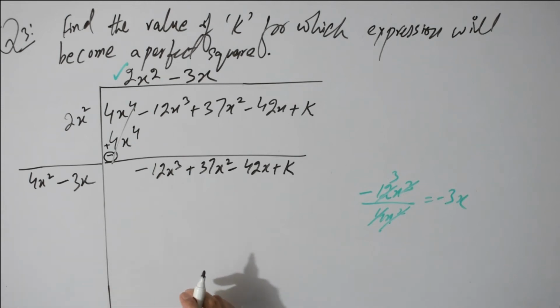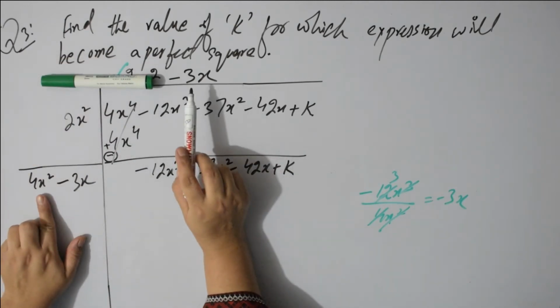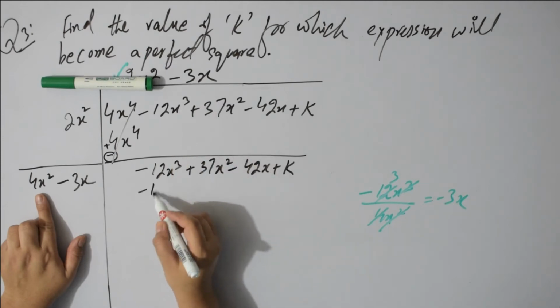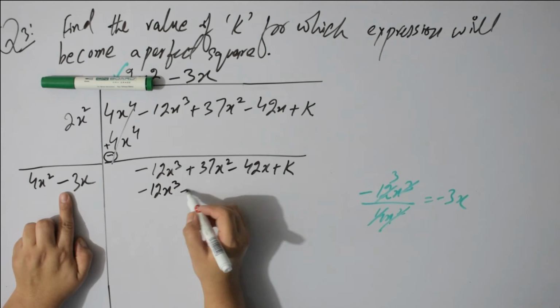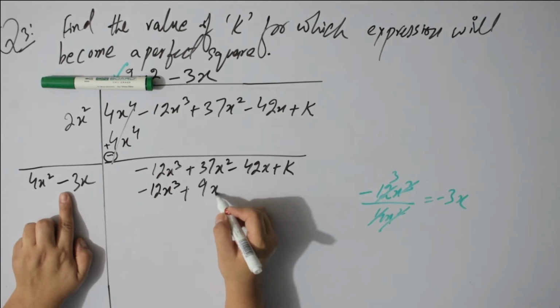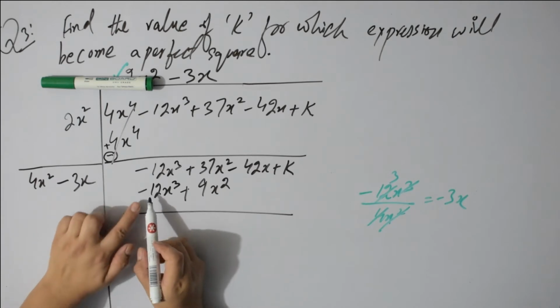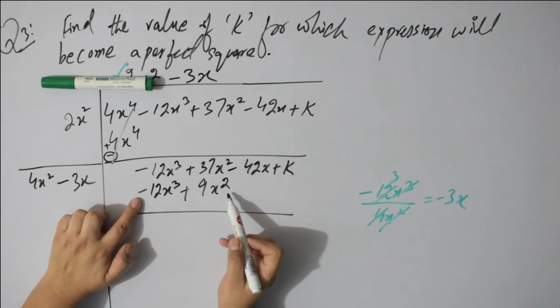Now multiply 4x square with minus 3x. 4 3s are minus 12x cube, and minus minus plus 3 3s are 9x square. Again leave some space and you will change the sign of this expression, which you have written over here.